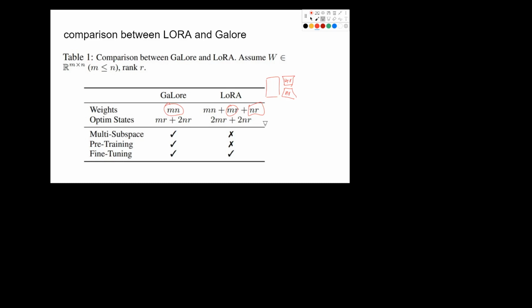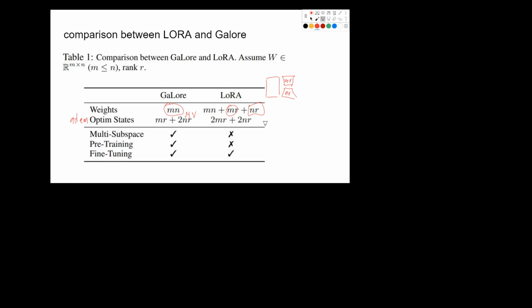For the optimizer states in GaLore, we only need storage for M and V for Adam. Here we assume it is Adam, so we need memory for M and V, two copies of N×R.